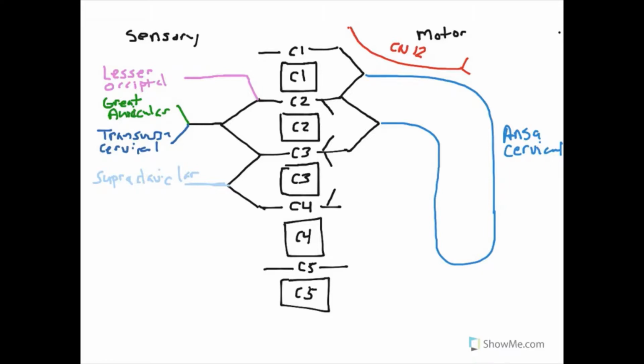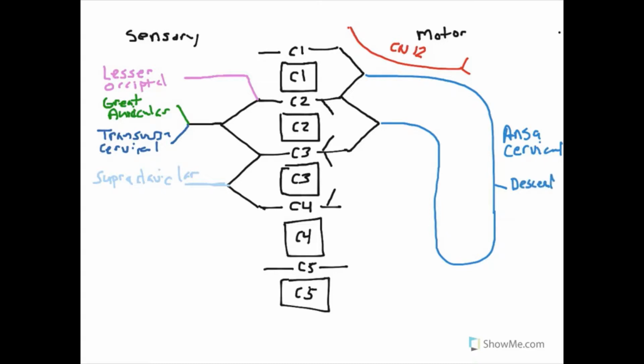Now, the ansa cervicalis actually has 2 separate and distinctive branches that come off of it. The one that is here in close proximity to cranial nerve number 12 is called the descendens hypoglossi.